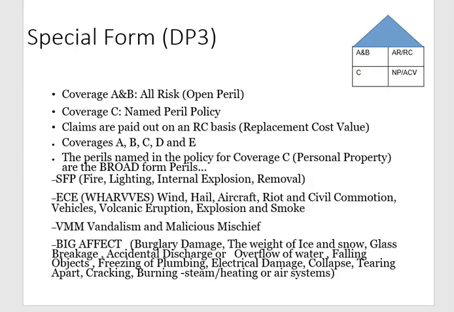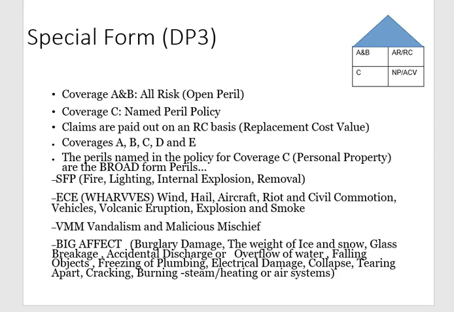Now let's talk about a DP3. You have your DP3 special form, better than a DP1, better than a DP2. Coverage A and B, your structure and other structures, are going to be covered under an open peril policy. All risks: everything's covered in this coverage other than what is excluded.